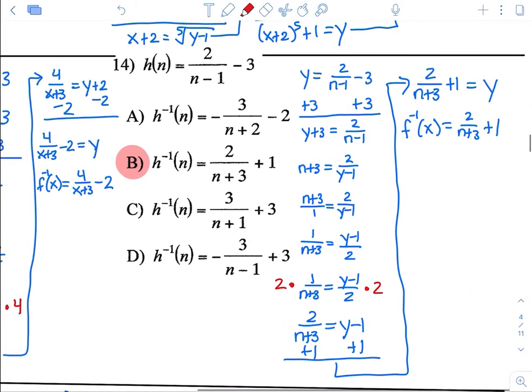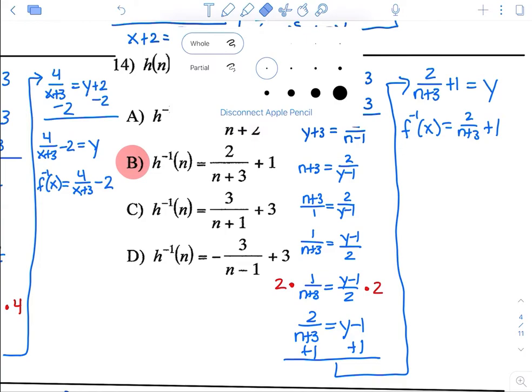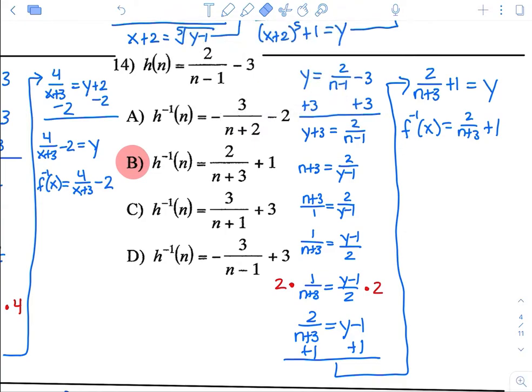14. Same process, changing my h of n to be y. Now I'm switching my y and my n variables. I see here that I did not do that right away.